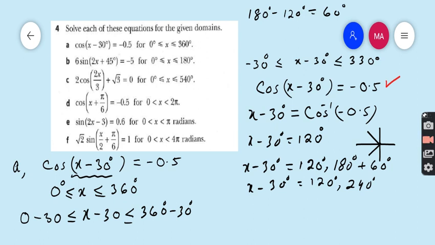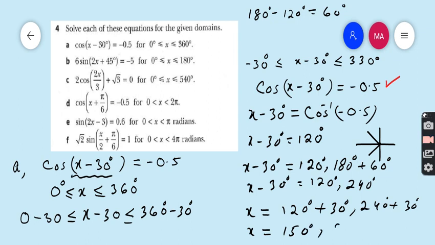We must move this minus 30 to the other side, 120 plus 30 and 240 plus 30 as well. Therefore, the final answer is 120 plus 30 is 150 degrees, and 240 plus 30 is 270 degrees. This is your final answer.